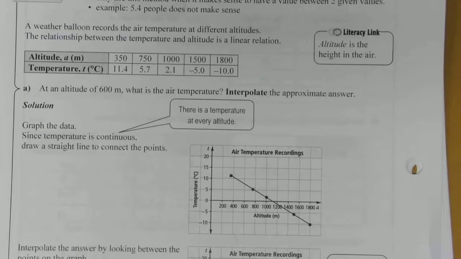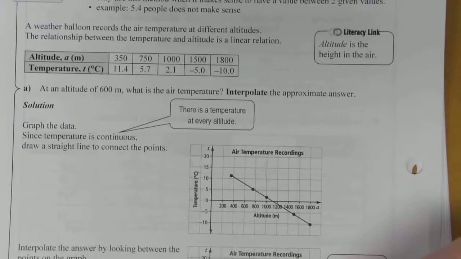We can find 600 meters very easily. It happens to line up on one of the lines here on your graph. So at 600 meters, you can draw a dotted line straight up until you hit the diagonal line that we've drawn.